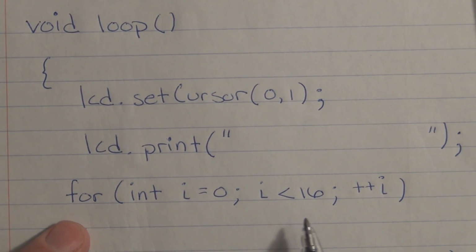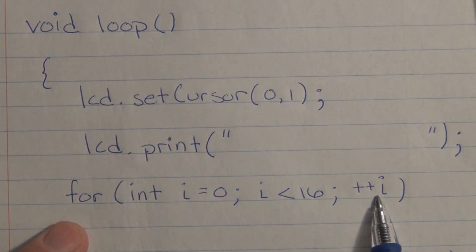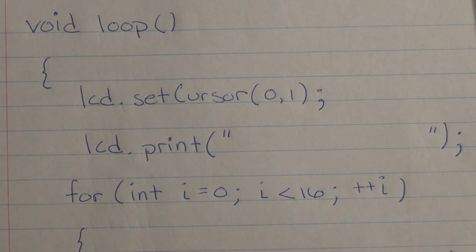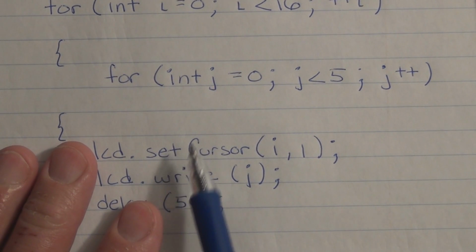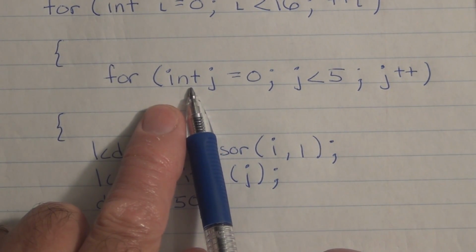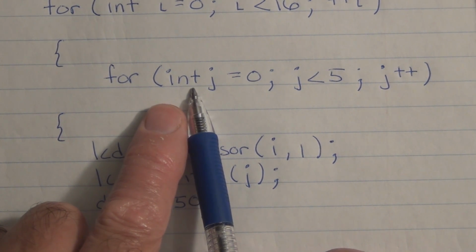Now, because we have 16 squares, we have for integer i equal to 0, and as long as i is less than 16, we're going to then increment i. And every time this happens once, this next for statement here, this is where we scroll through or call up those 5 special characters.